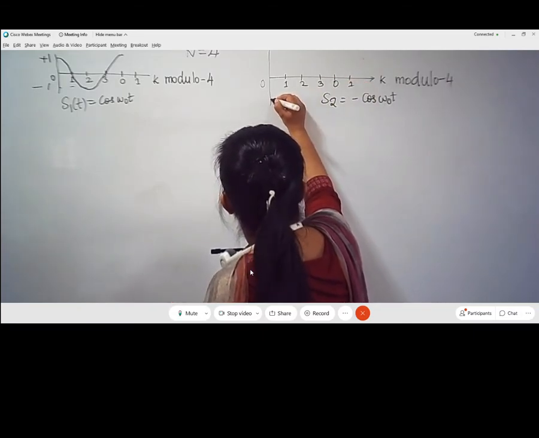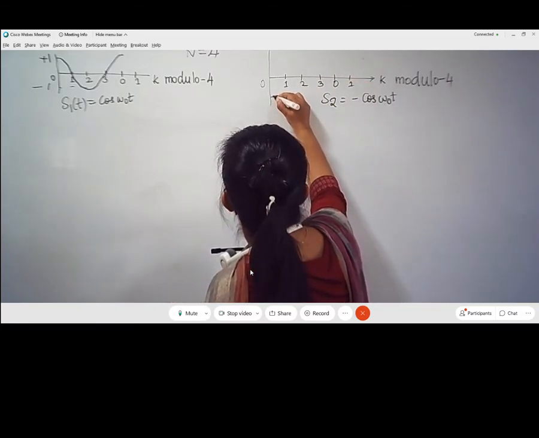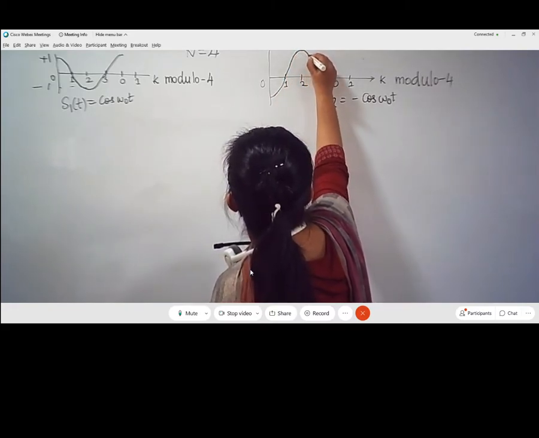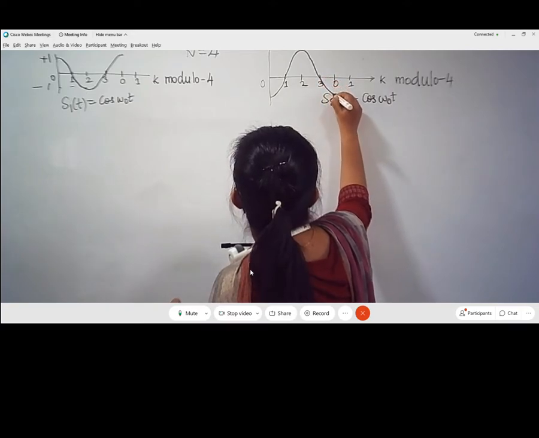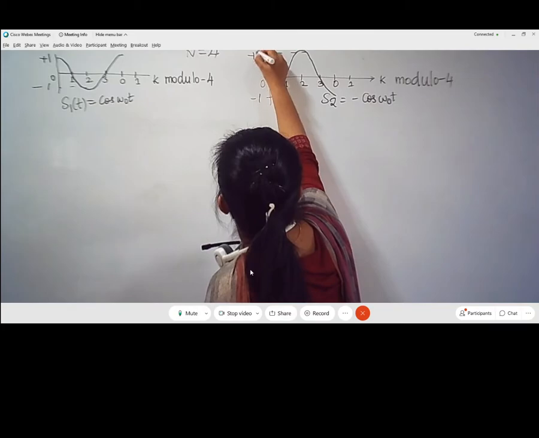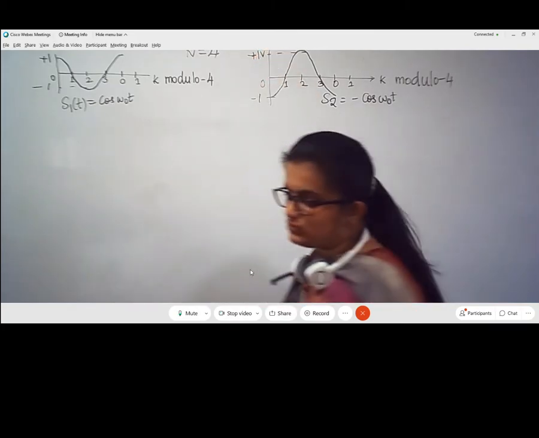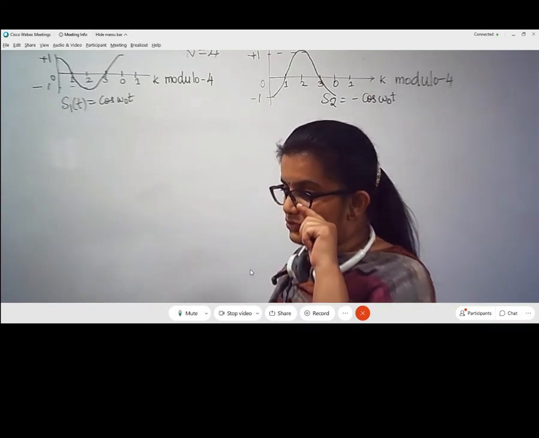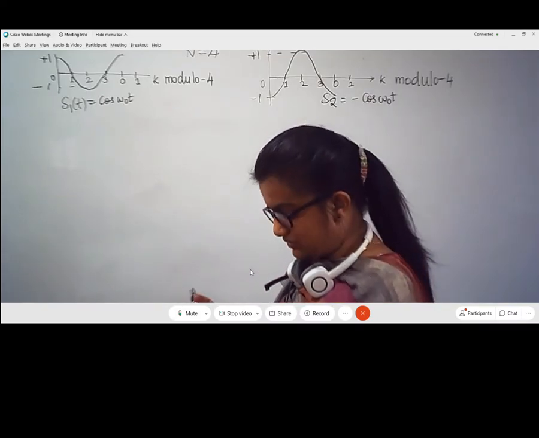Here at the 0th time instance it starts at minus 1, reaches plus 1 at 2, goes to 0 and comes back to minus 1. So these are the two symbol representations that I am going to use to transmit the information.